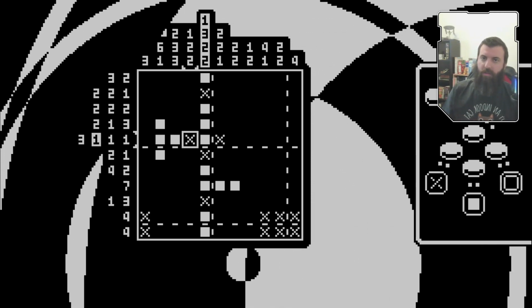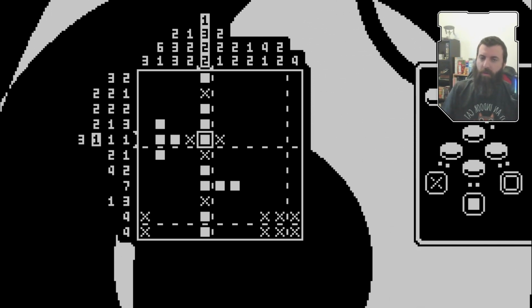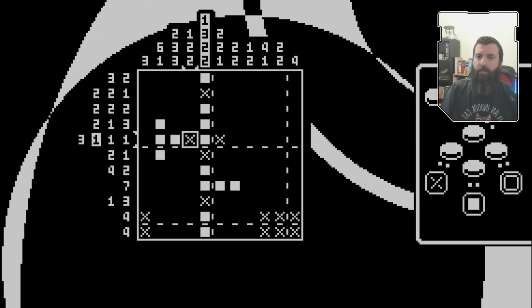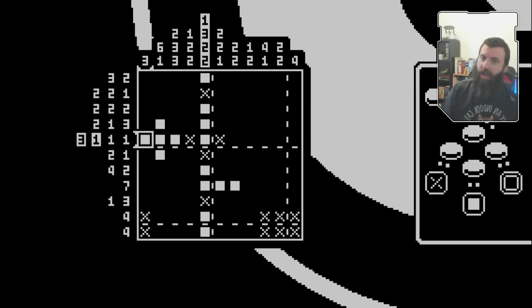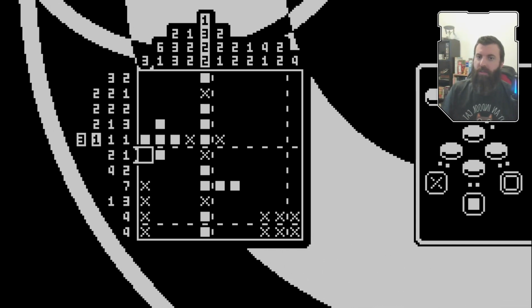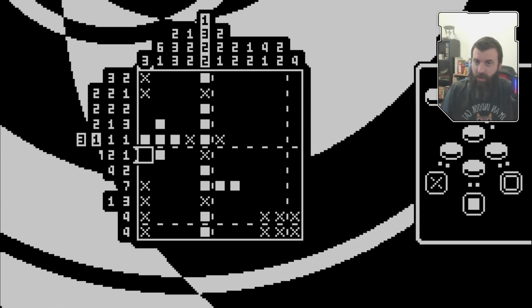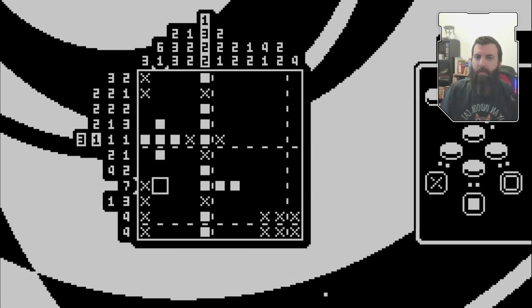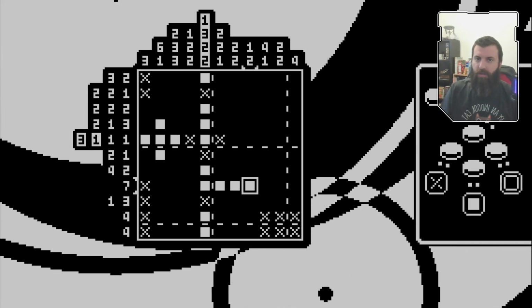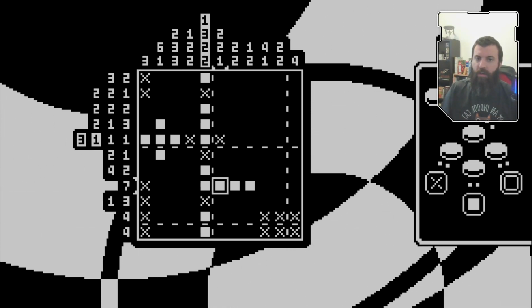That means this pixel can't be filled in, which tells us this pixel has to be filled. These pixels can't be filled. That means we've got one more pixel of certainty for our 7 over here.